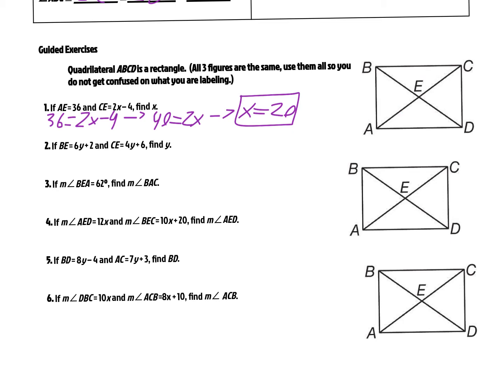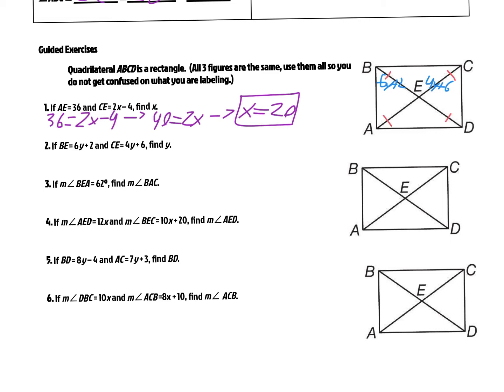Number 2. If BE is 6y plus 2 and CE is 4y plus 6, find y. So in a rectangle, our diagonals are congruent, and in a quadrilateral, our diagonals bisect each other, such that each of these parts are going to be congruent to each other.